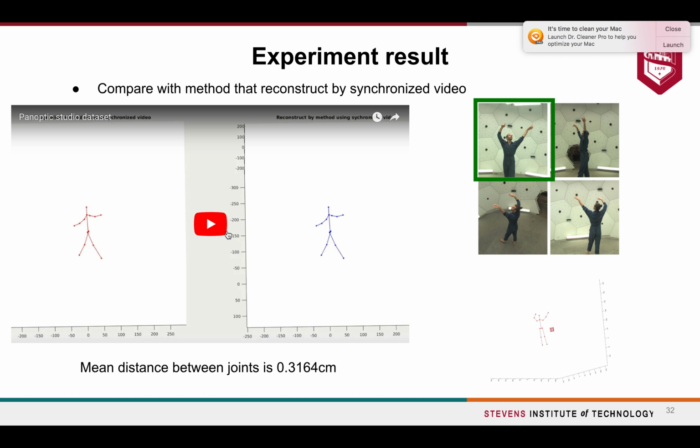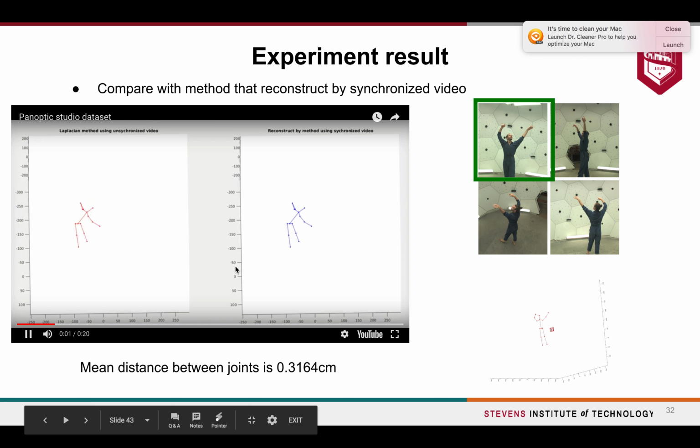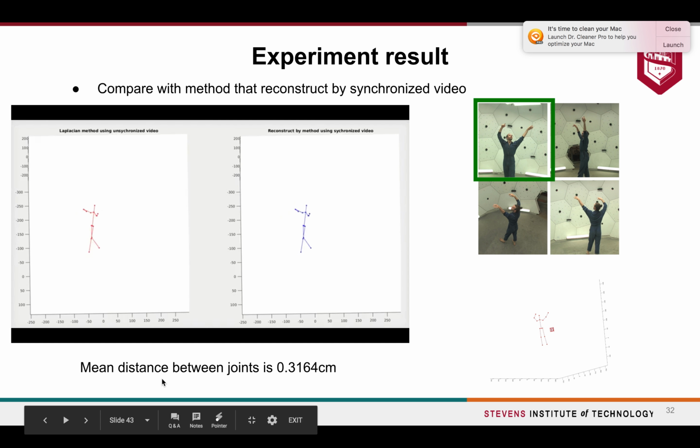Then we compare the result: we choose full cameras, make the observations unsynchronized, and use our method to reconstruct. And we compare with their result. They are very close, and the average distance between the joints is only 0.3 centimeters.